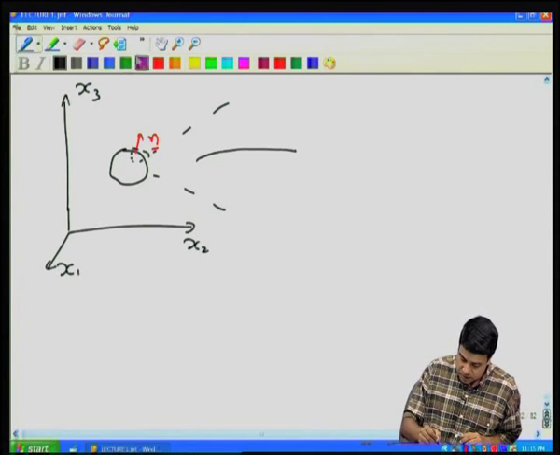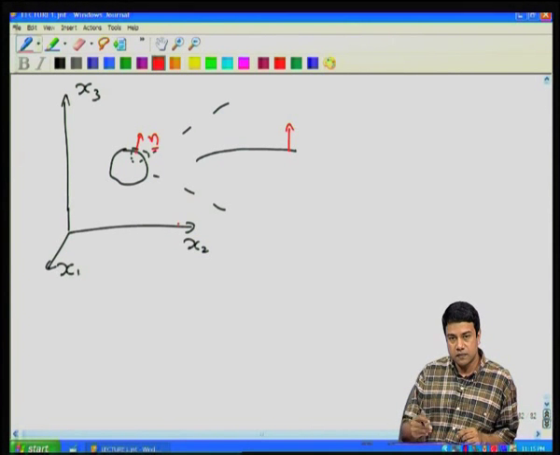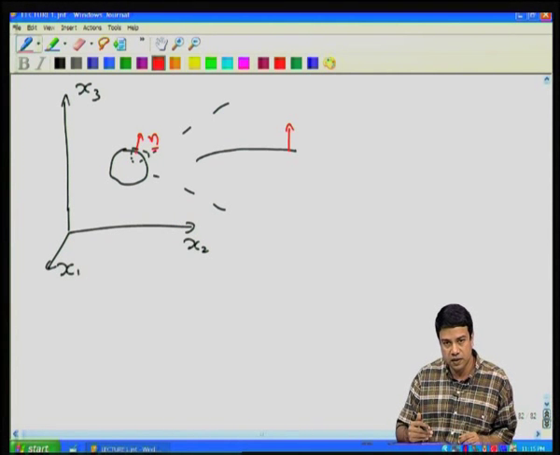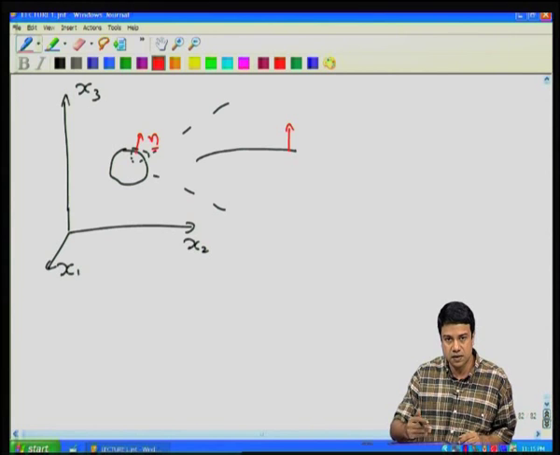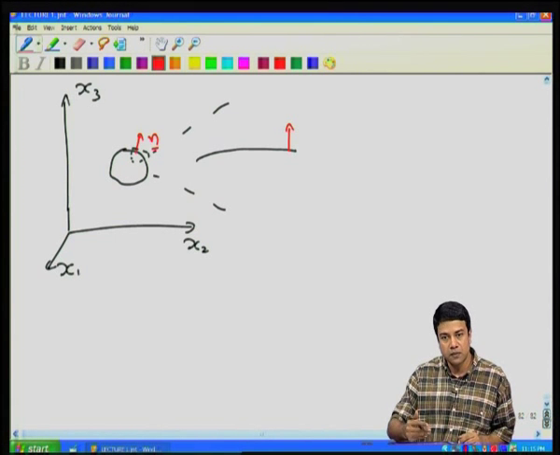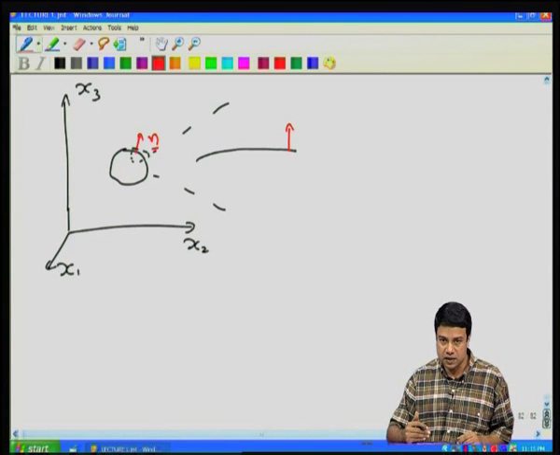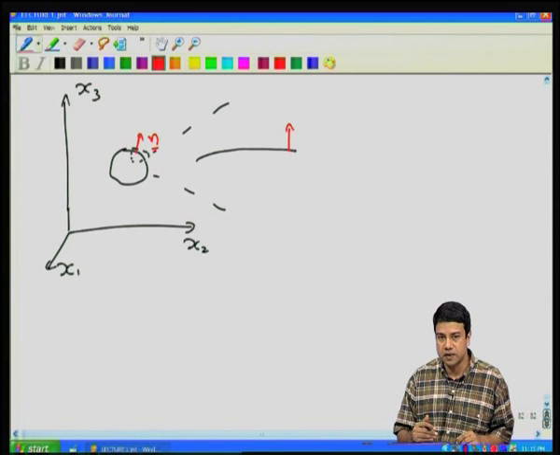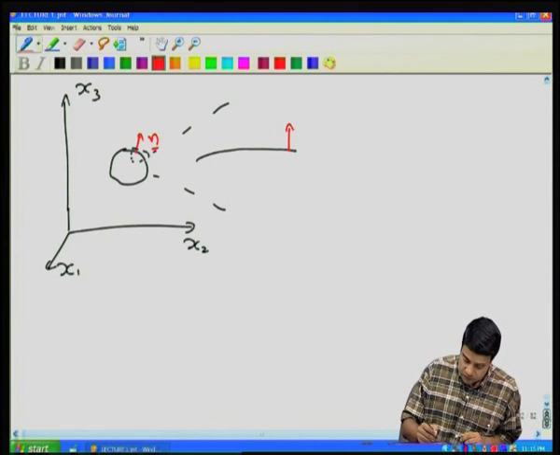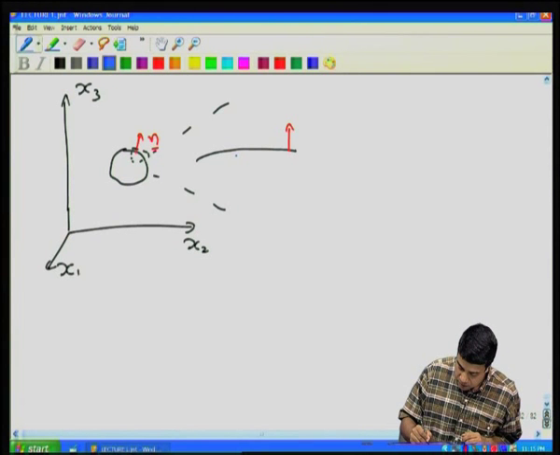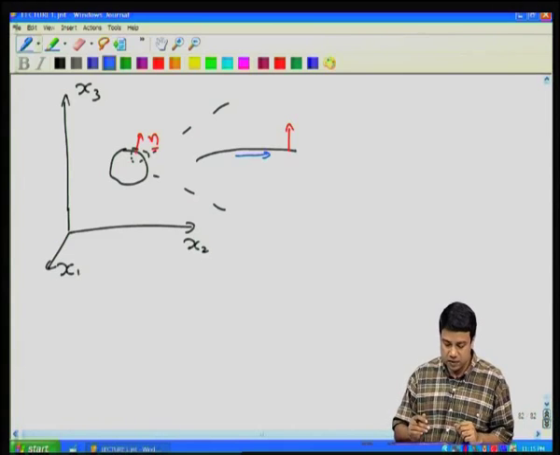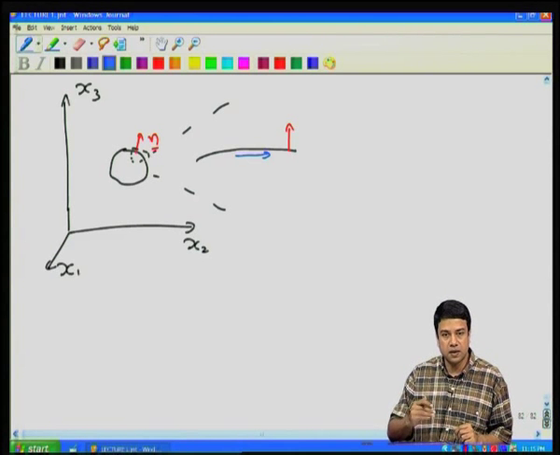It has an outward unit normal, and the fluid outside is exerting a force on the fluid inside, which is changing the momentum of the fluid inside, and that is what is coming into the momentum conservation equation.